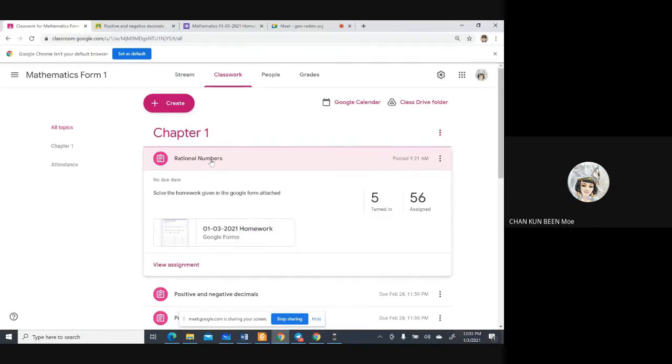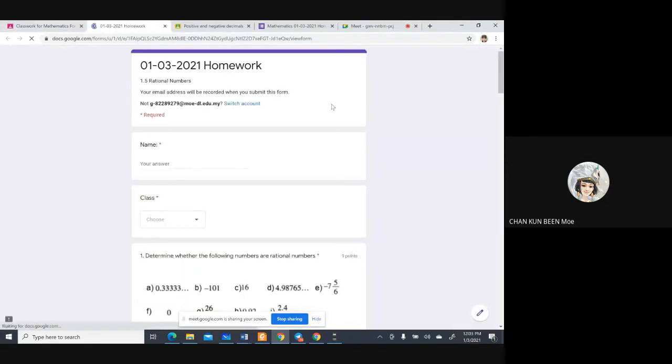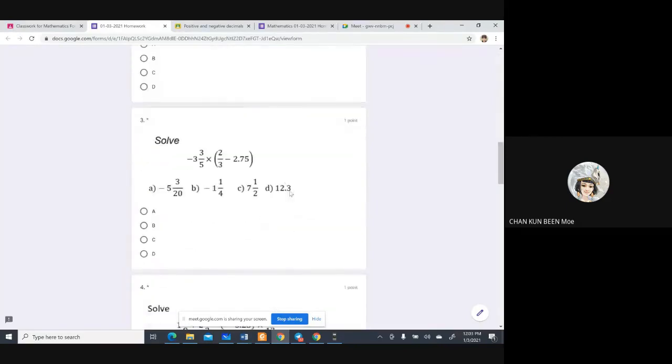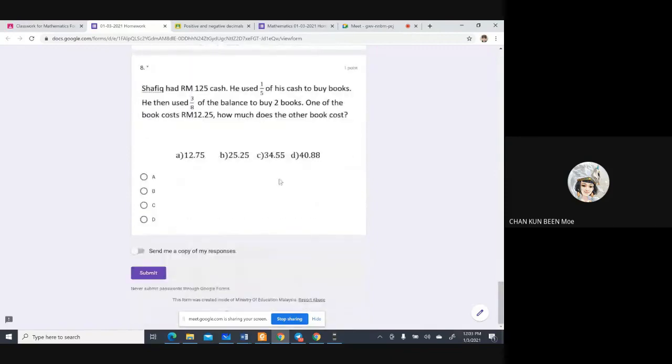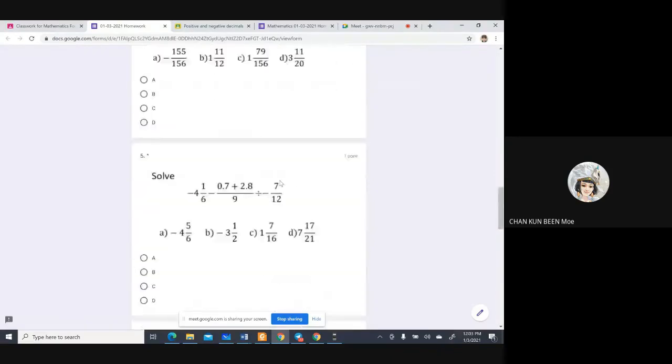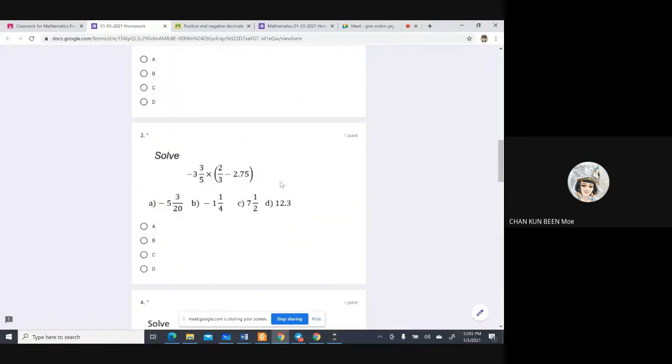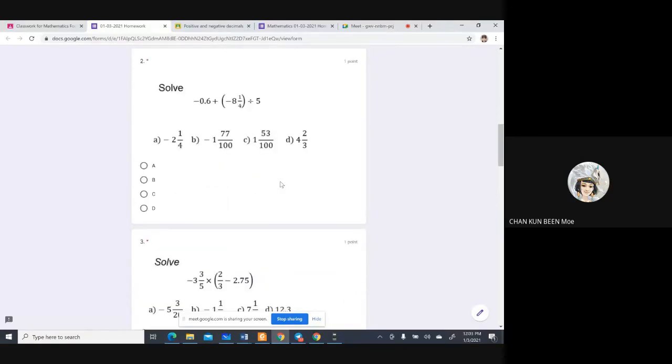Hopefully for those who already turned in, you get full marks. What you need to do is solve this homework later on. Fill in your name, your class, and then we have around, I think, 8 questions. So you try to solve all of these questions slowly. Try your best to get it all correct without using calculator.